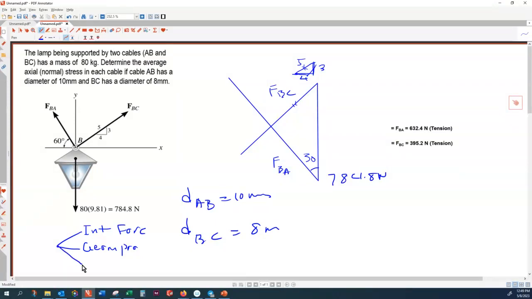The third one is material. So you can make a judgment whether a structure can take a load or not, first by knowing the internal force, second by knowing the geometrical property, and third by knowing the material. All right.